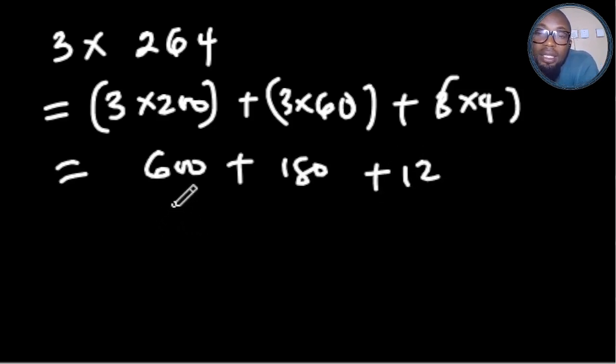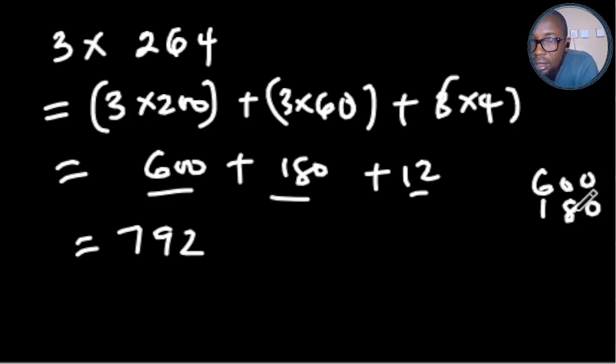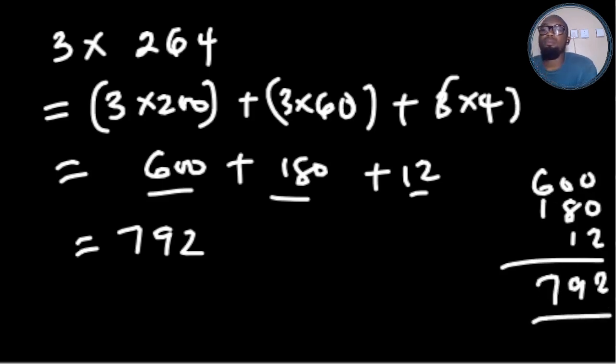I can now further say, 600 plus 100, that's 700. 700 plus 80, that's 780. 780 plus 10, 790, plus 2, 792. If you are in doubt, 600, 180, using your column method, you have 2, you have 9, and you have 7.